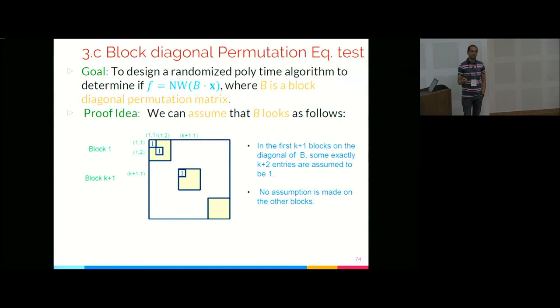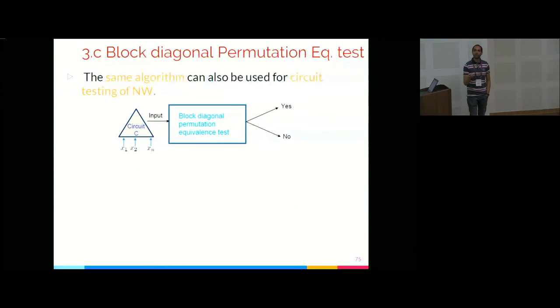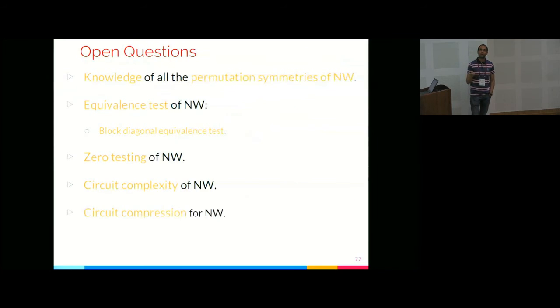With the help of symmetries, we can assume without loss of generality that on the first k plus 1 blocks on the diagonal, certain entries are 1. Then I query my black box wisely and I recover all of these matrices. I'll not go into this as there is no time.